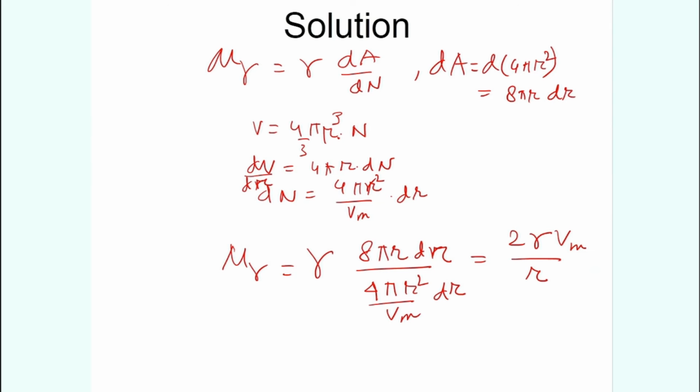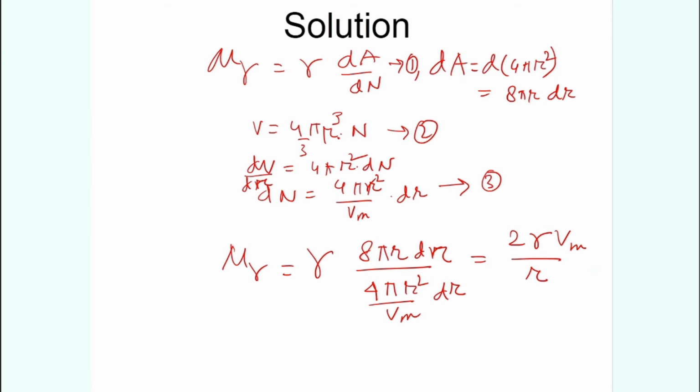So dn is equal to 4 pi r squared by Vm into dr. Then I plug in all these things, let us write down 3, this is 2, this is 1. So I plug in the dA term and dN term in 1, I get this, correct.